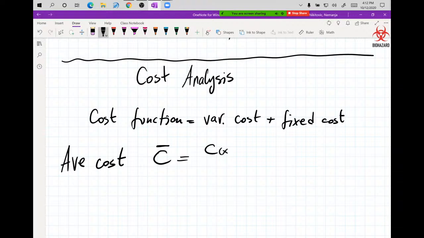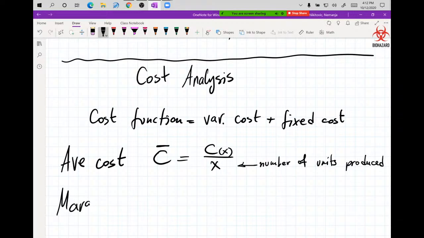And that's the cost divided by the number of units produced. And then the marginal cost is just good old the derivative of the cost function. That's all it is, just a derivative.